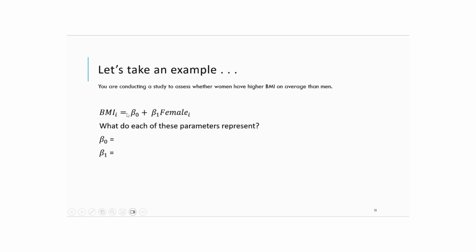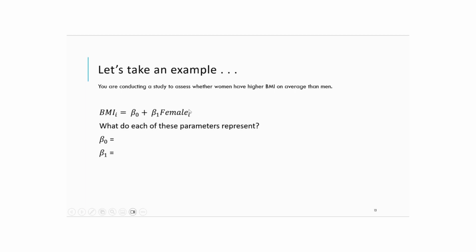So the question here is, as a refresher, what is beta naught? Did I hear you say that beta naught is the average BMI of the people in your sample, whether they are male or female?